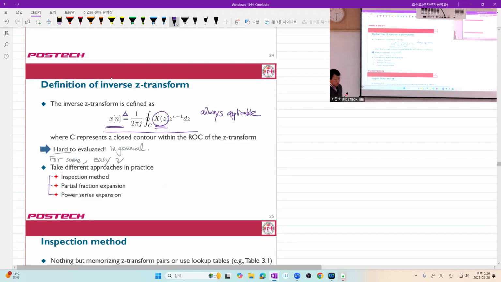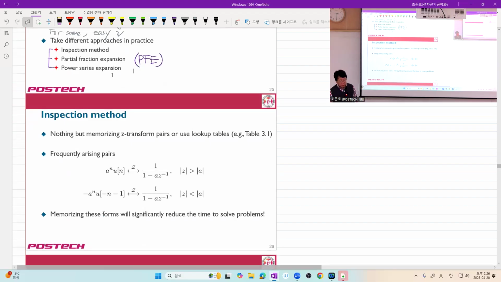Just inspection, which means that, hey, I know this, something like that, and the very famous partial fraction expansion, sometimes abbreviated as PFE. And the last one is the power series expansion. We will see examples.